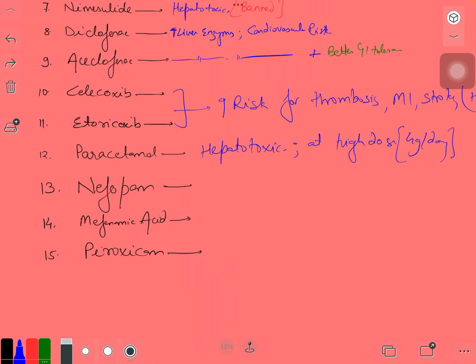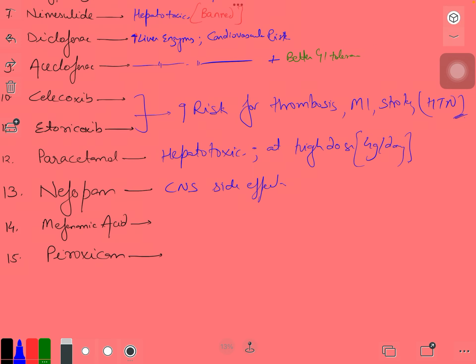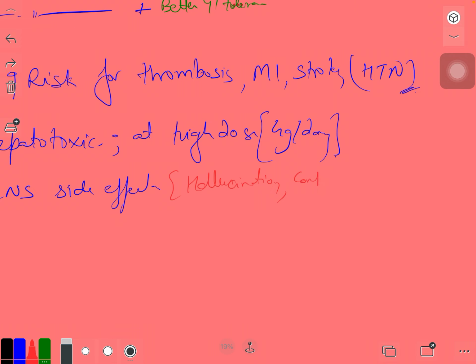Next is nefopam. Nefopam has CNS side effects. So confusion, increased heart rate, hallucination, delusion, and so on are much more common. Let's write it together: hallucinations, confusion.